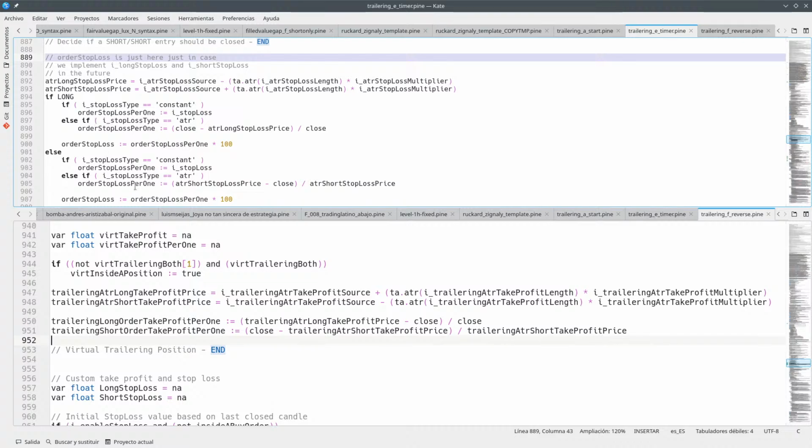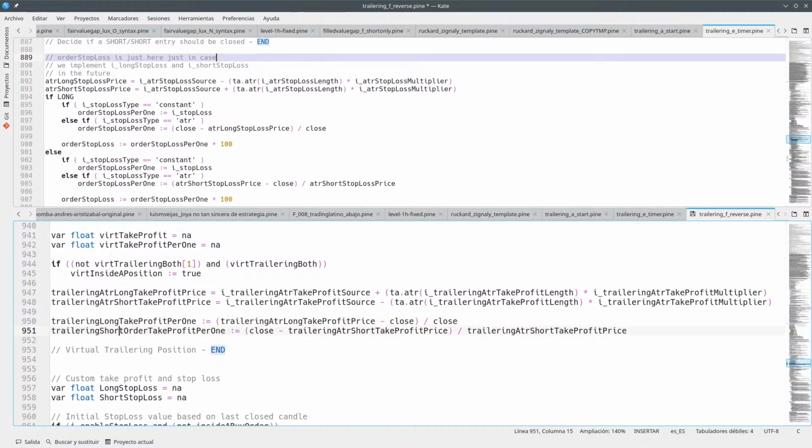Yeah, because this is used later on somewhere. So trailing long order. Yeah, I don't think we need order at all here. Okay, so we have this stuff here. This is nice.